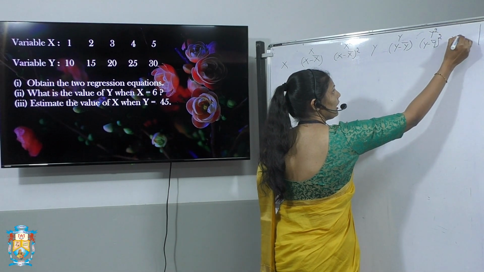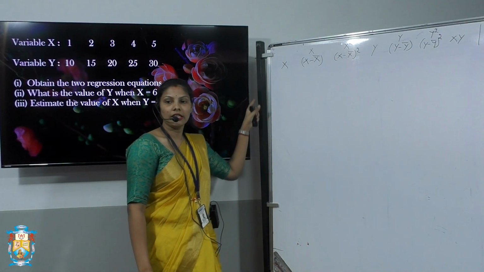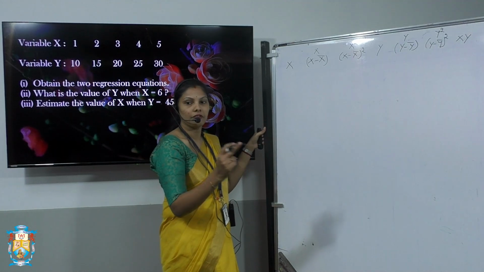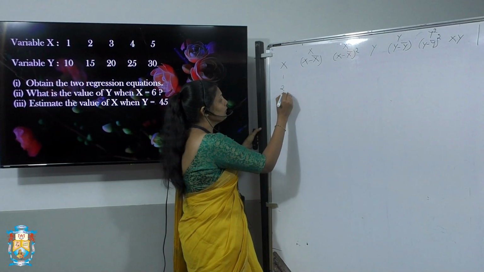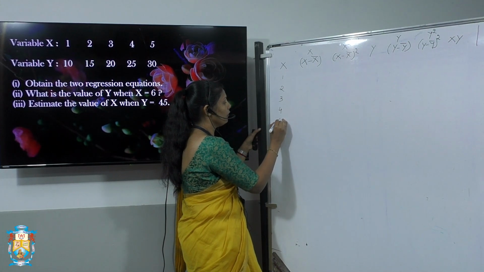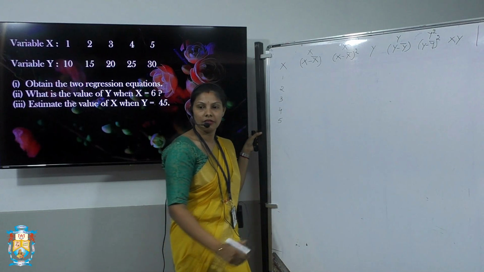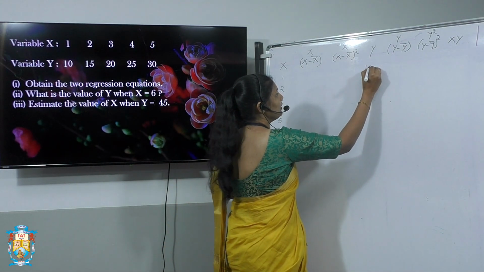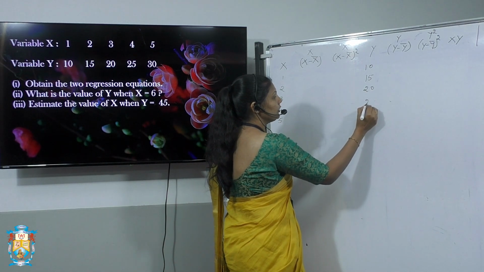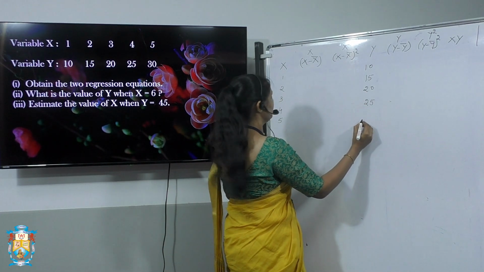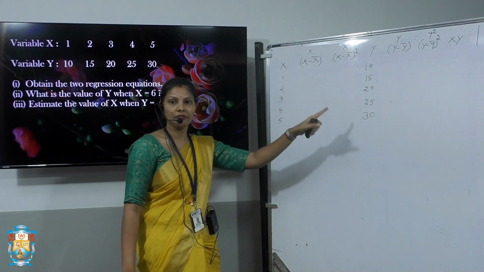And we have to take x into y, the product of x and y. Now what are the variables we have to see? In the question they have given the x variable as 1, 2, 3, 4 and 5, and the y variable as 10, 15, 20, 25 and 30. Okay, these are the x and y variables.